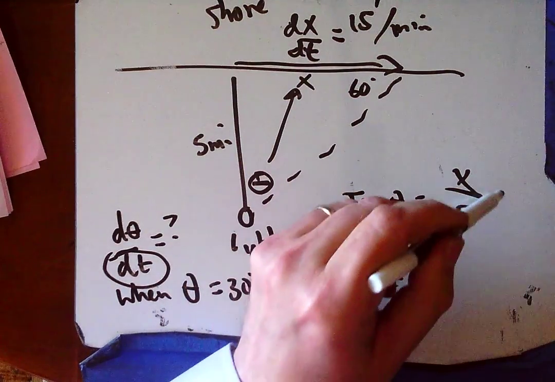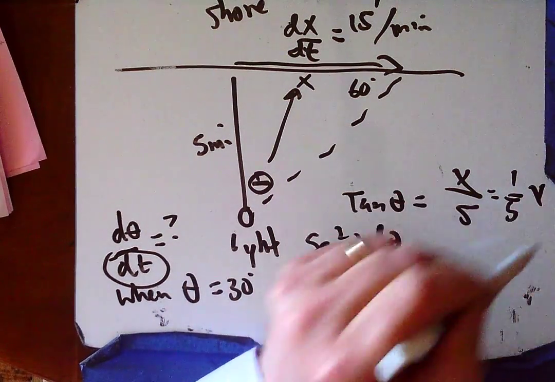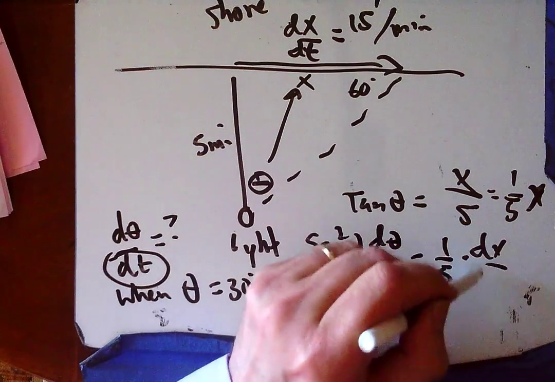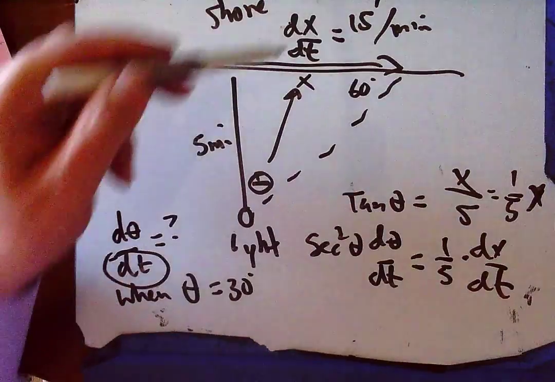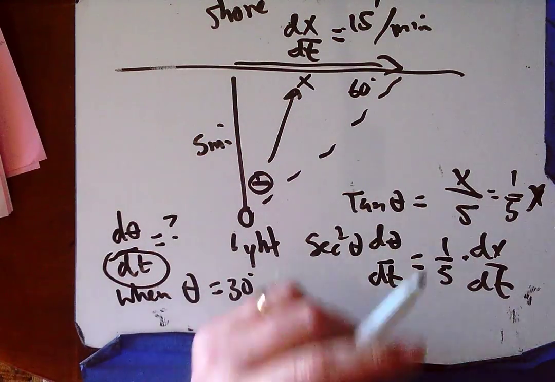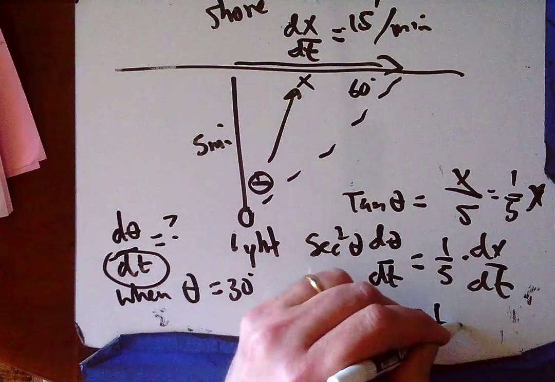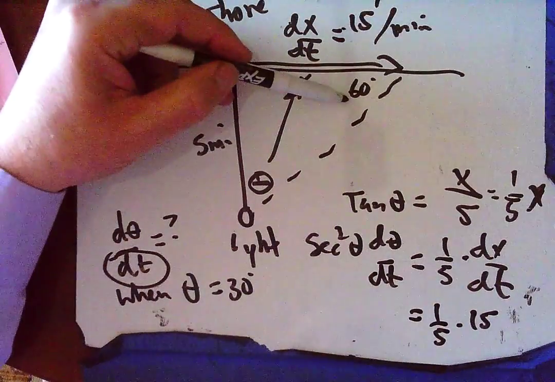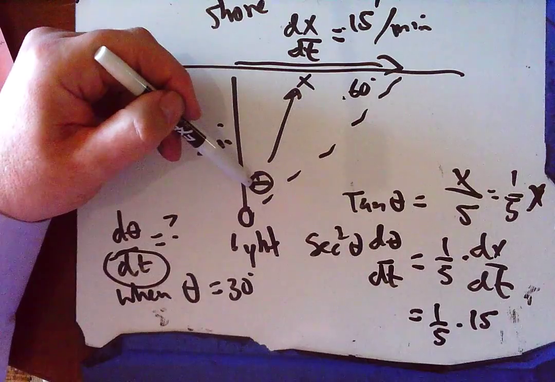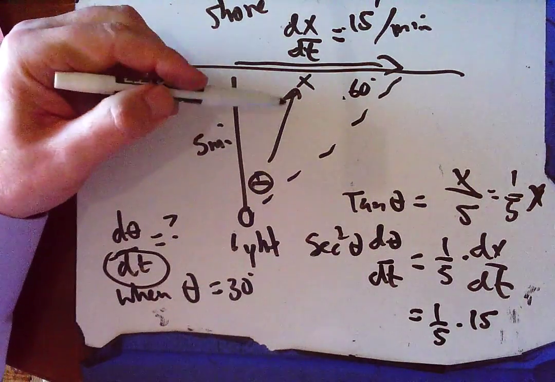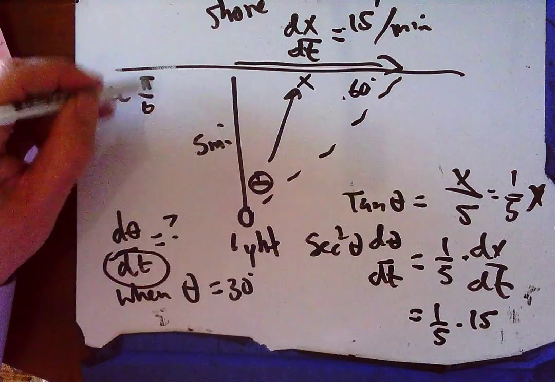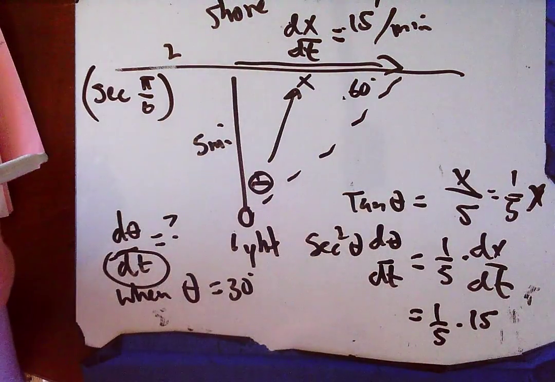And here, no, not quotient rule, it's 1/5 times x, so it's just 1/5 times dx dt. We know dx dt is 15, so I'm going to have 1/5 times 15. And we know that this is 60, so this must be 30, and 30 degrees is pi over 6. So I want secant of pi over 6 squared.